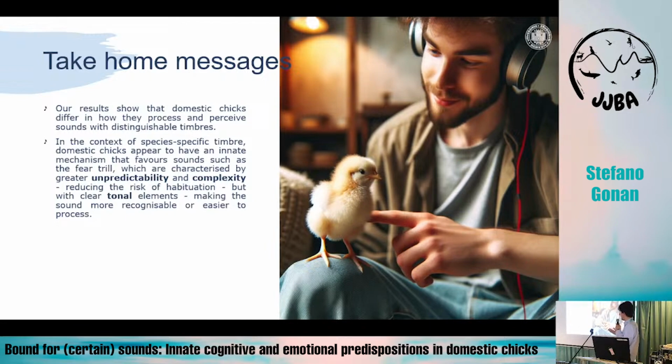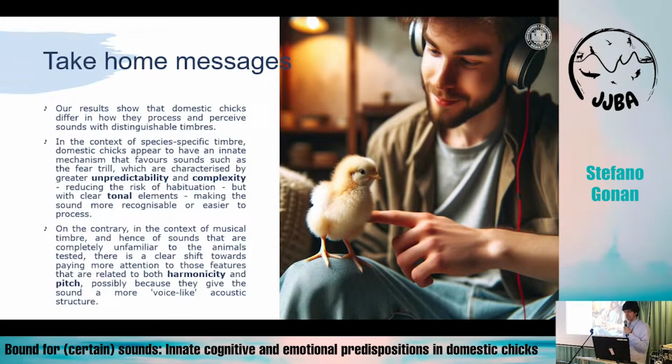But at the same time, those unpredictable and complex sounds must have a clear tonal structure, so clear tonal elements, maybe because these features can make the sound more recognizable or at least easier to process for the listener.